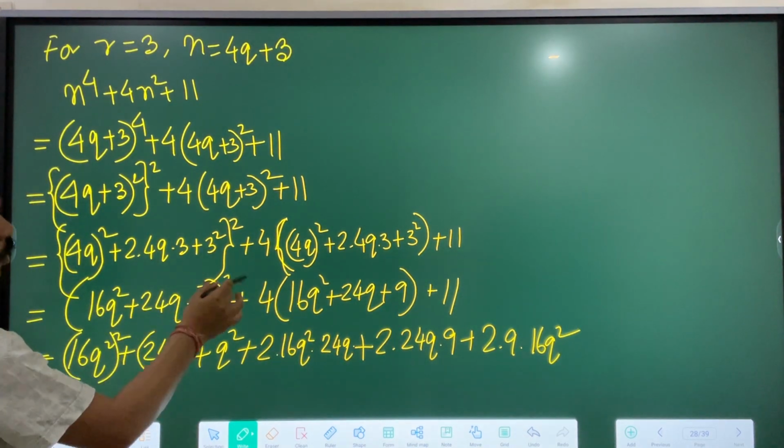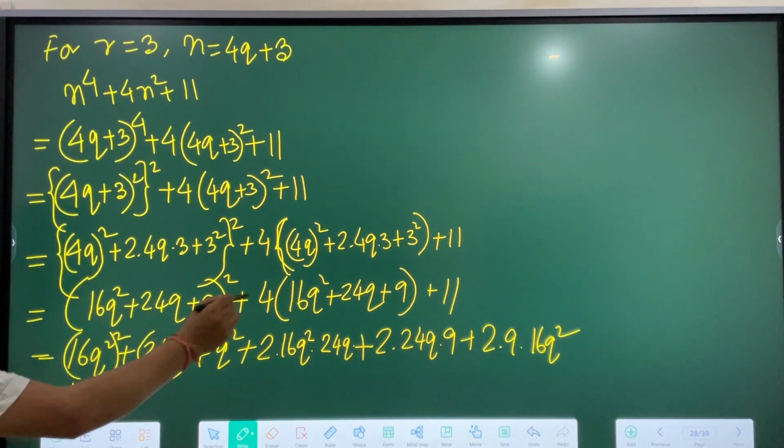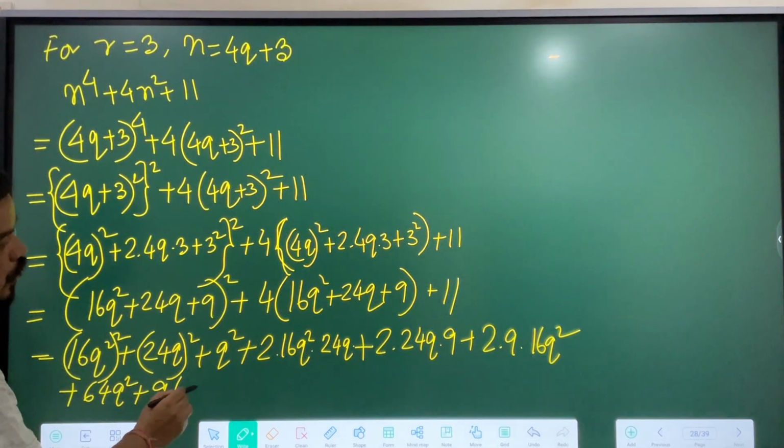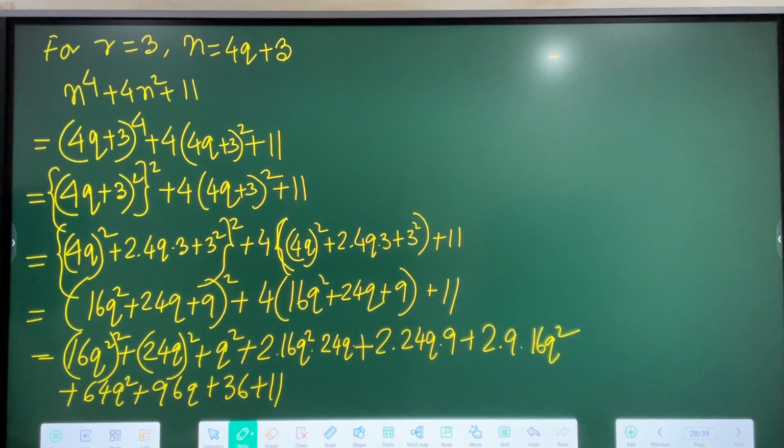Now 4 into 16 is 64 q square, 4 into 24 is 96q, 4 into 9 is 36, plus 11.